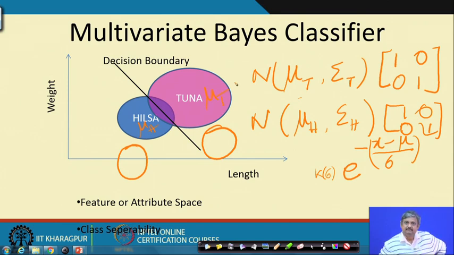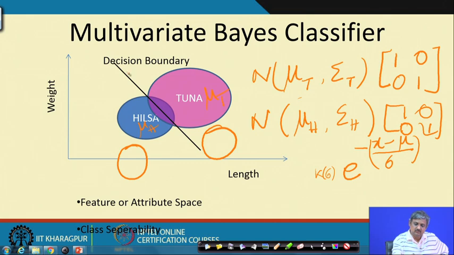Assume the priors are the same, 0.5, 0.5 for both.